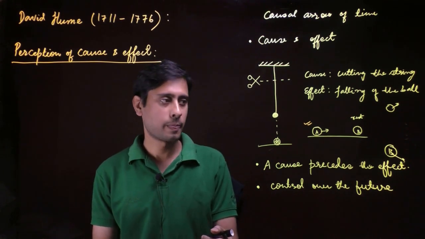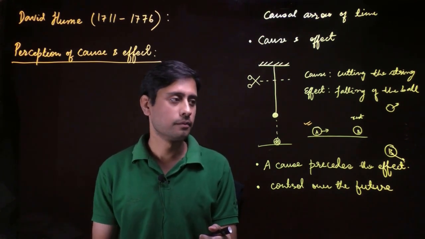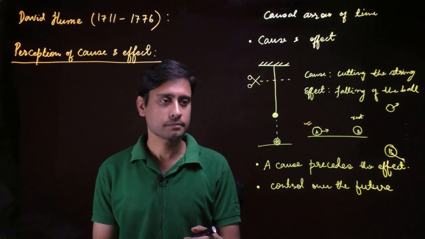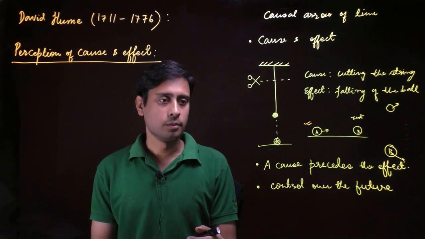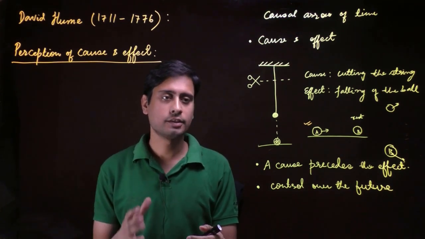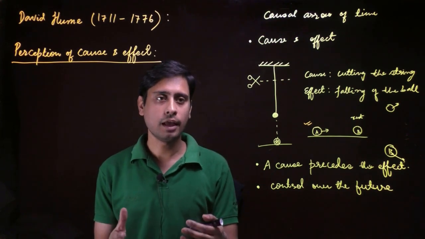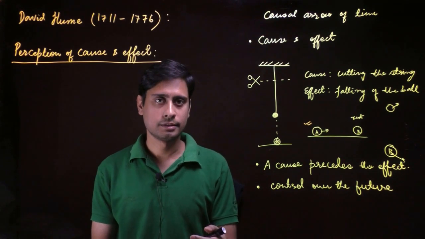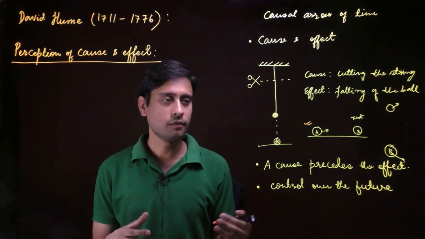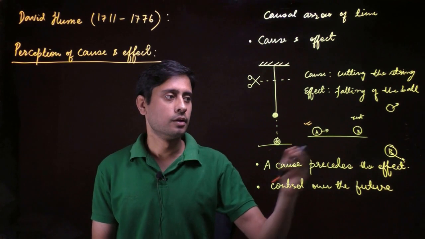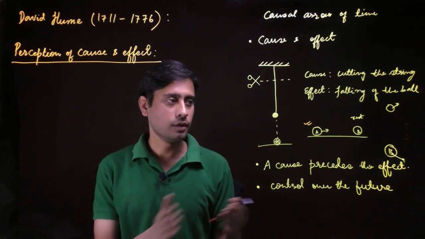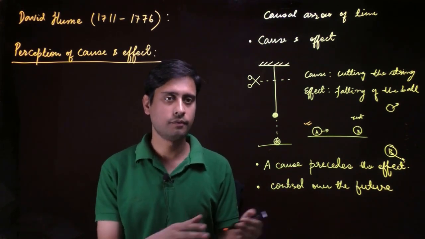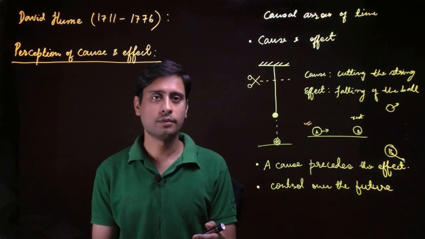Everyone knows what is going to happen after the collision. Because from our past experience we have formed a mental habit, and due to that habit we expect the results, and we develop laws of association between cause and effect.